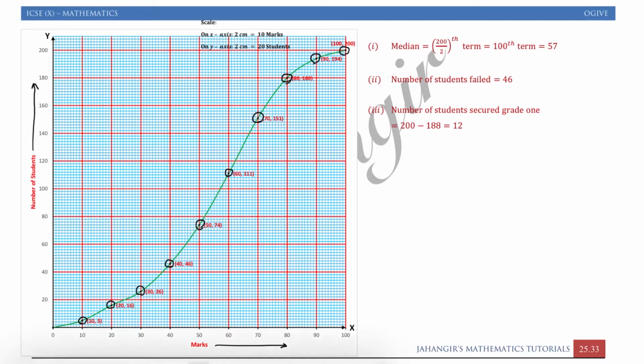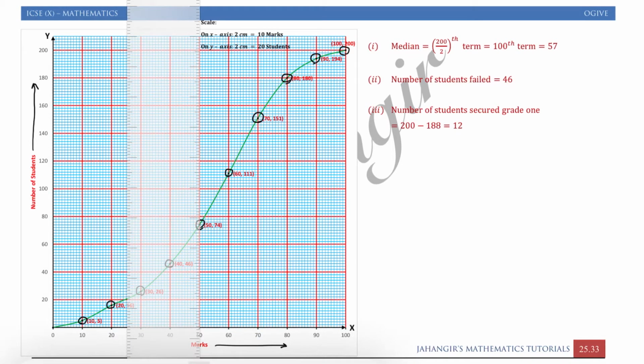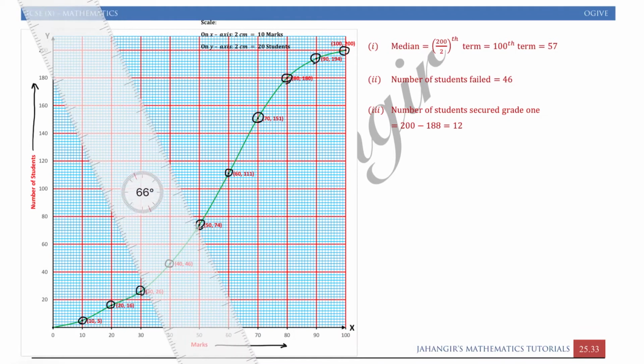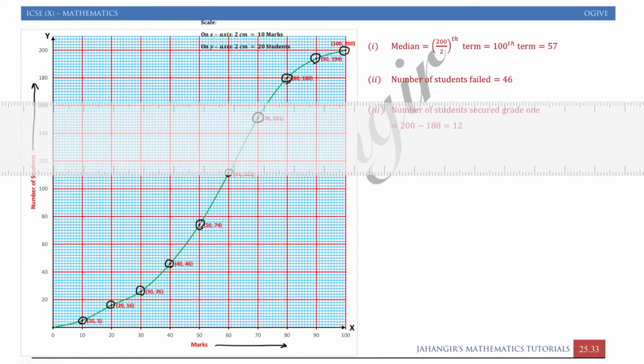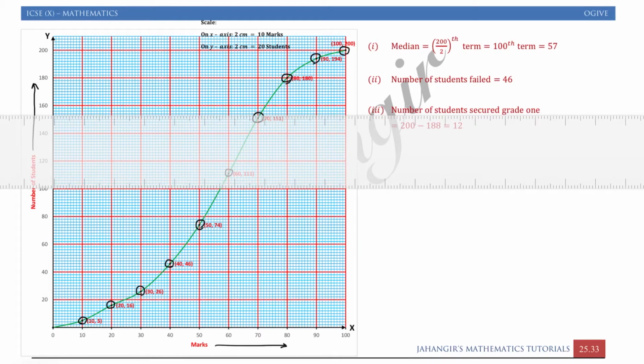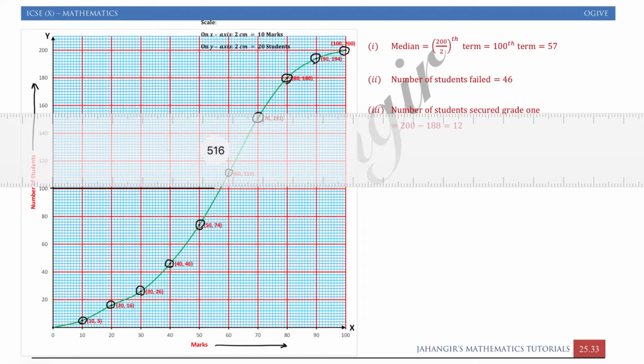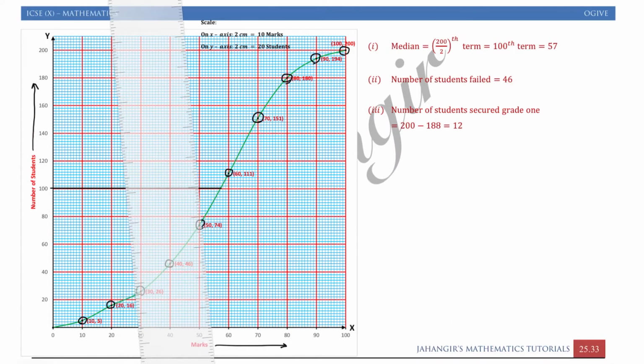Now the first question is find the median. For median we have to take the n upon 2 term, that is 200 by 2, which is 100. At 100 we will draw a horizontal line, then draw a vertical line.